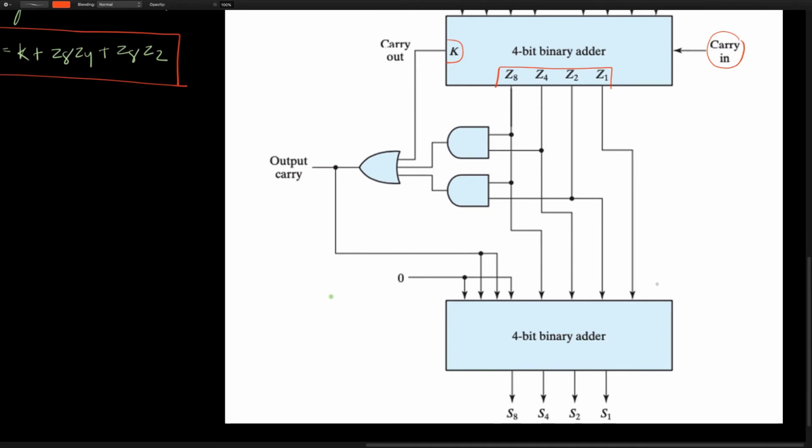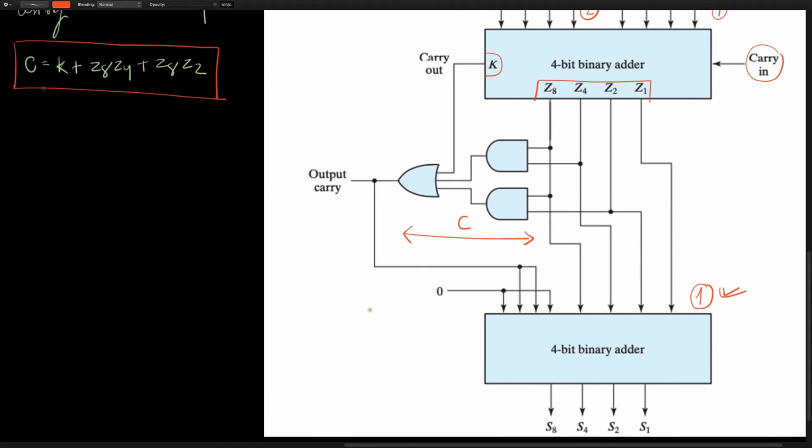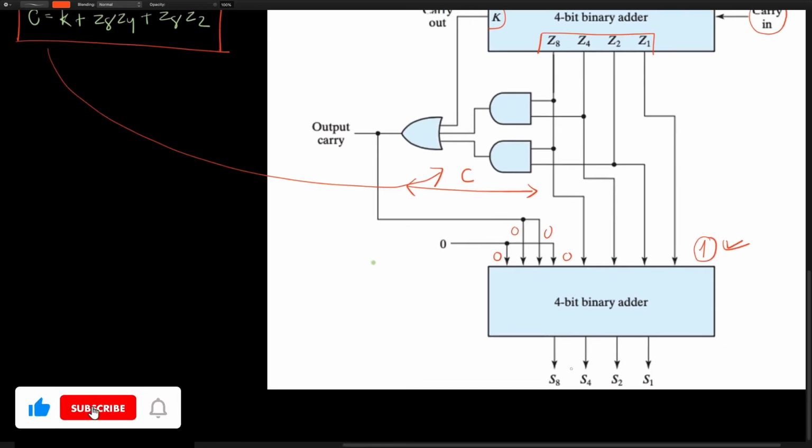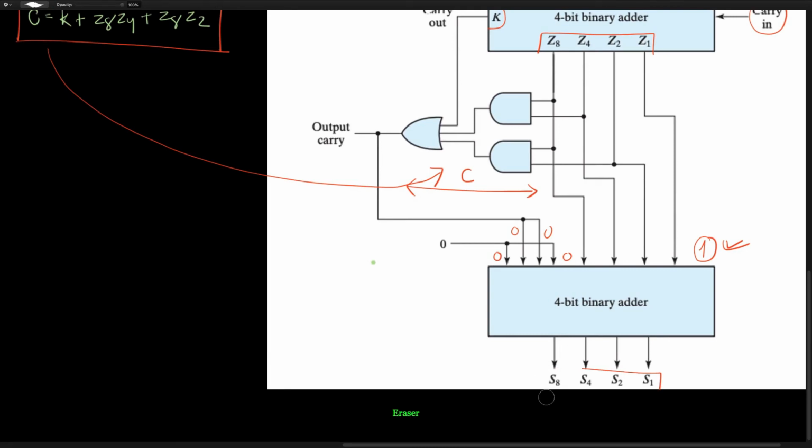In the second 4-bit binary adder, the first number remains valid, so that is not a problem. This circuit implements the C equation, which would also be 0. So we have 0 here, this one is 0, and this one is 0. With 4 zeros added to the valid bits, the answer remains the same. This is what happens when you have a valid answer.